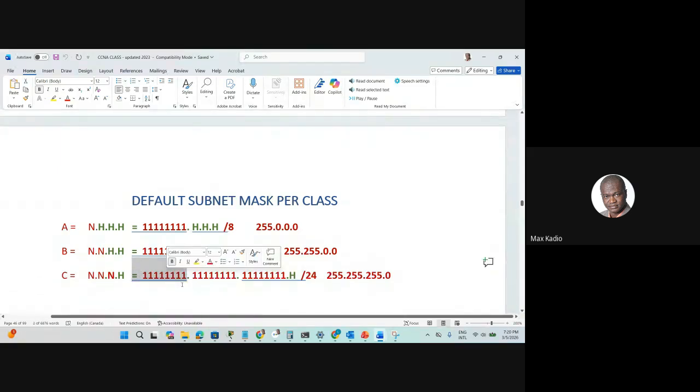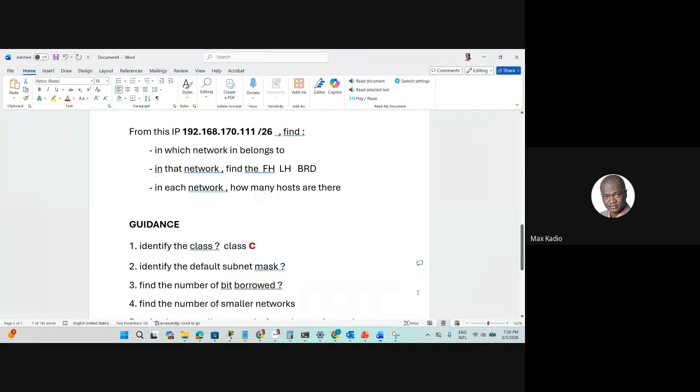Each block is 8 bits, so here we have 8 ones, 8 ones, 8 ones. It's 24 ones. That's why it's /24. If you convert everything to decimal, it is 255.255.255.0. So the default subnet mask for class C is /24. Here you put slash 24.